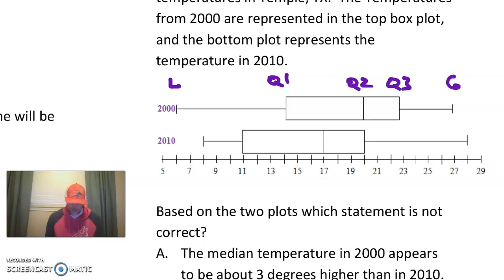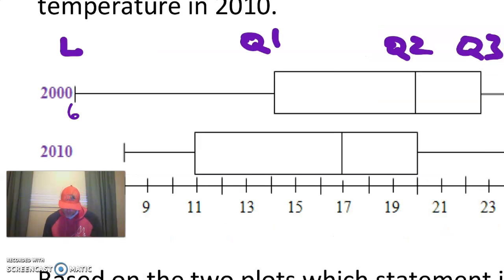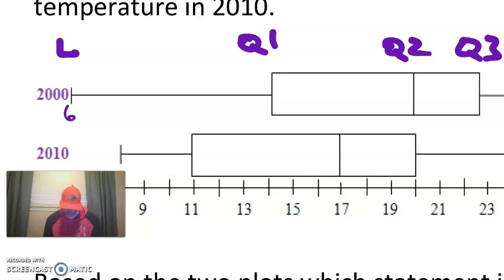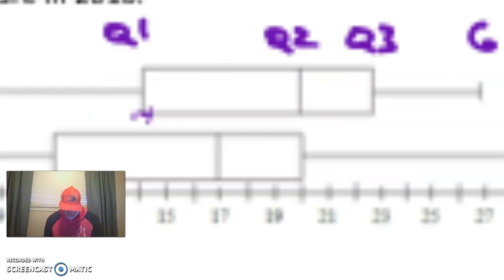I'm going to write those values on there because it's just going to make the whole problem easier. So the least value is 6. Quartile one looks like it is 14. Quartile two, which is also the median of the whole thing, is 20.